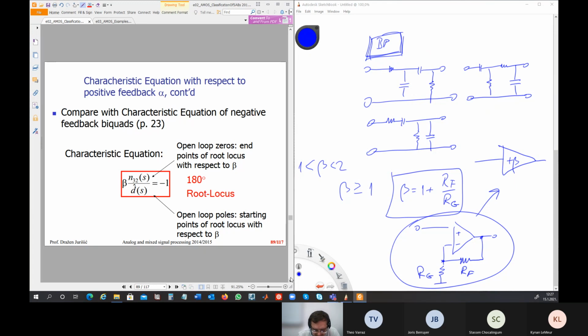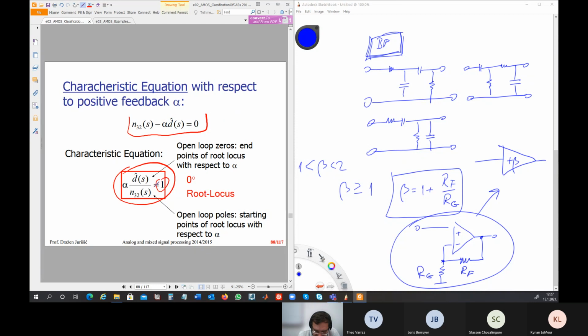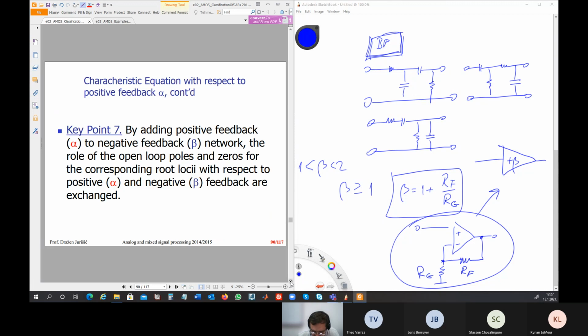If you remember before, it was opposite. It was n3, 2 in the numerator and d in denominator. And it was here -1. But here we have +1 and d in numerator and n3, 2 in denominator. It's inverting.